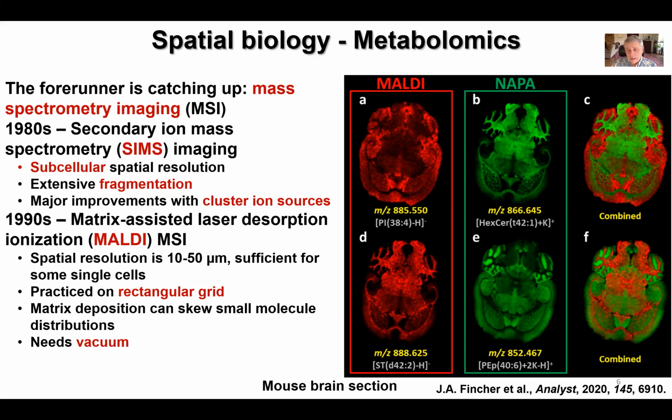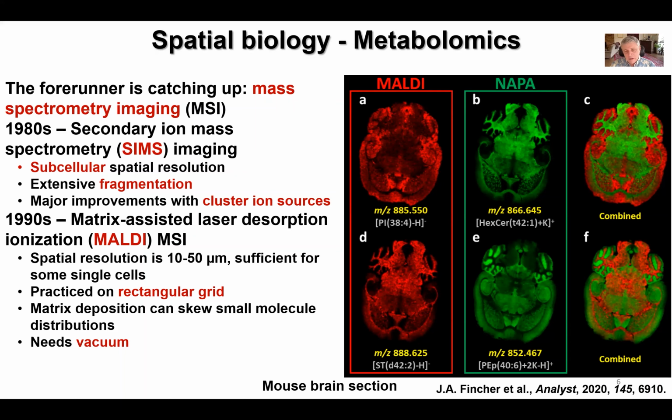The metabolite with a particular M over Z, its intensity was mapped on the surface, and that was the basis of forming the image. Of course, what is lost in this is the rendering of those intensities to individual cells.